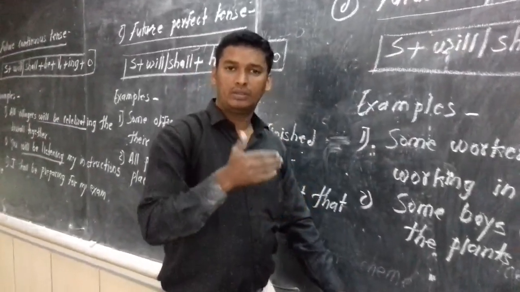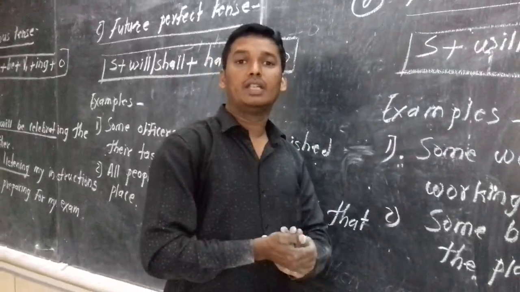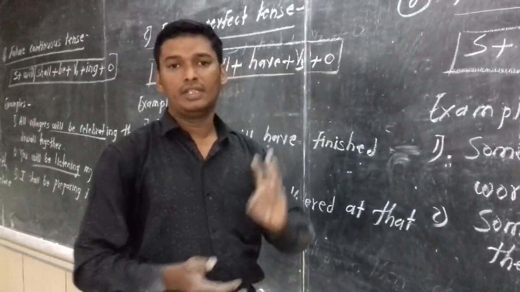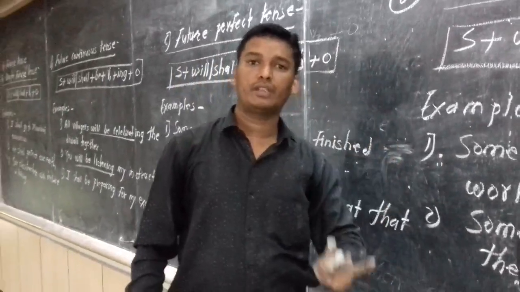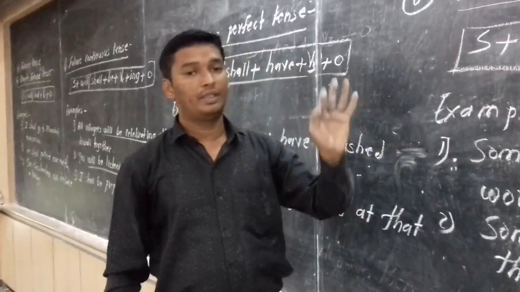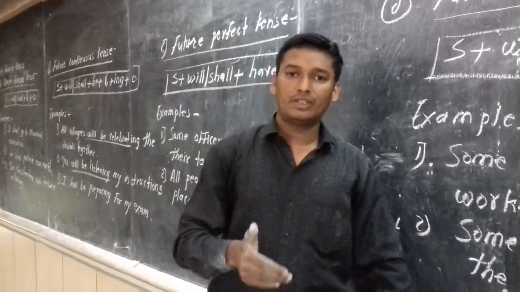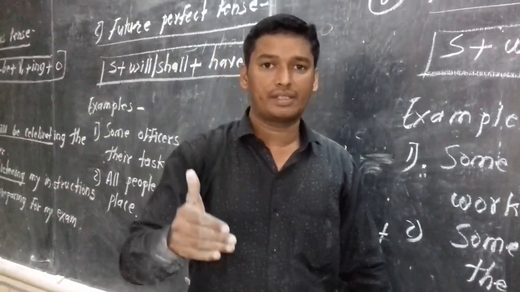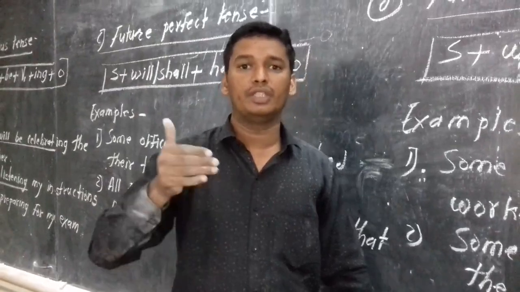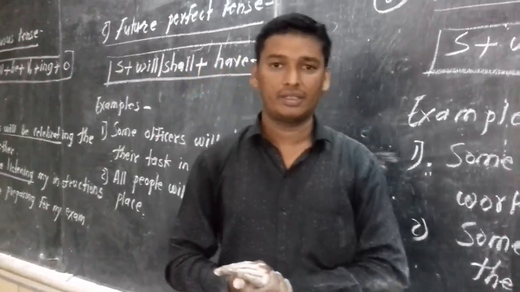Look, we learned the sub-kinds of future tense: simple future, future continuous, future perfect and future perfect continuous. In this lecture, we have learned all three main kinds and their sub-kinds with structures, with information and with examples.